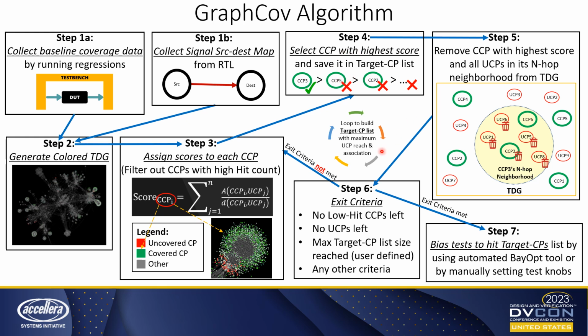We keep doing this process and keep building the target CP list until we hit the exit criteria. Once we hit the exit criteria, our aim is to bias tests to hit the target CPs. For this, we use the BAYOP tool, or sometimes it's also possible to ask DV engineers to give a set of test plus args, which would bias the test towards these target CPs.